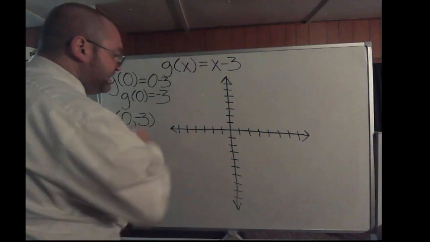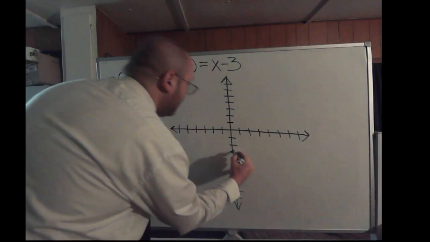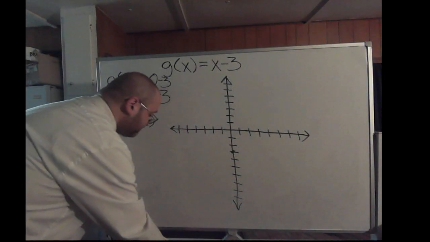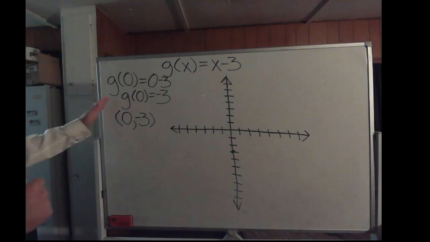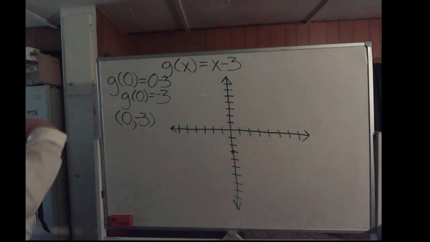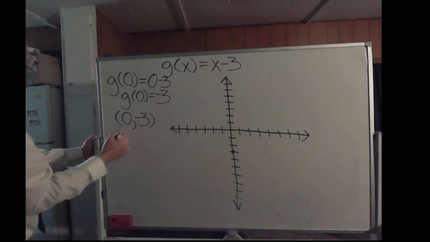So let me plot that point here. I think I'll do the line in green. Alright, so we have the point 0, negative 3 plotted. Now, we found the y-intercept. Next thing you want to do, find the x-intercept. You find the x-intercept of a function by setting the function equal to 0.